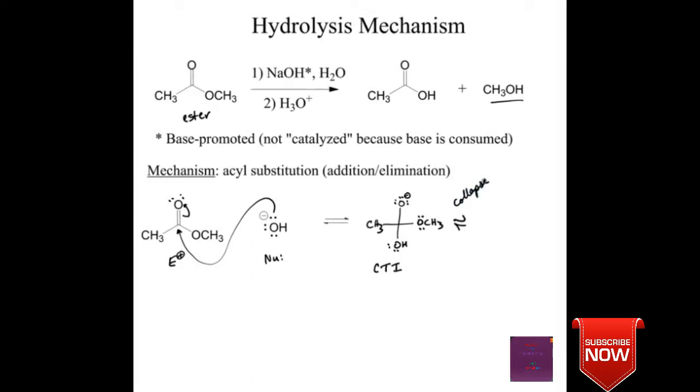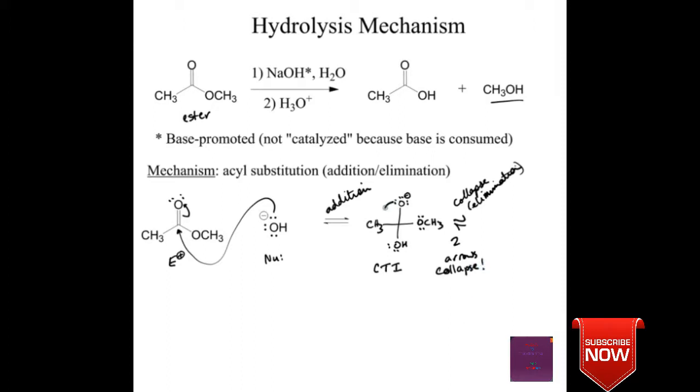So this first step was our addition step. We had addition of our nucleophile into the carbonyl, and our second step here is our elimination step, where we eliminate our leaving group. We're going to do 2 arrows to do this elimination. We call this collapse of a CTI.